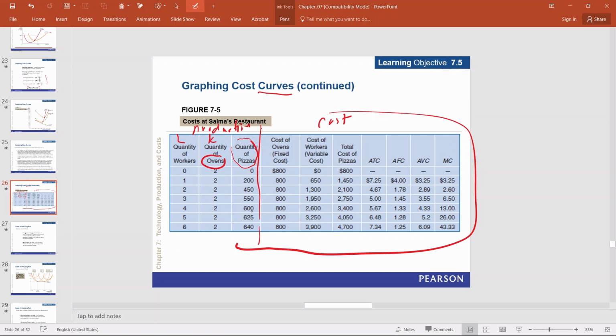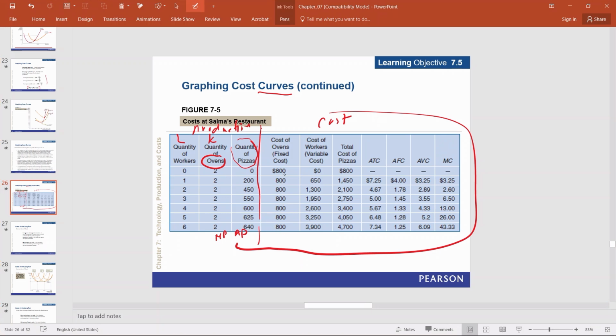And this is production. As you see, the production increases as labor increases. Note that we don't make any calculation of marginal product and average product here, but don't worry, it will be similar to the tables before.